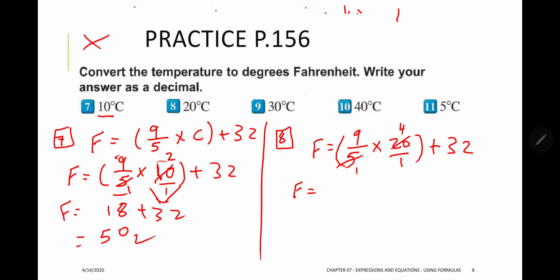The denominator is 1, we don't need to write it down because we get the same number. So 9 multiplied by 4 is 36, plus 32, and the result is 68. So we found it. The other two are the same also.